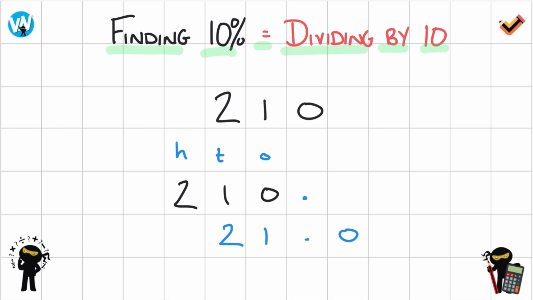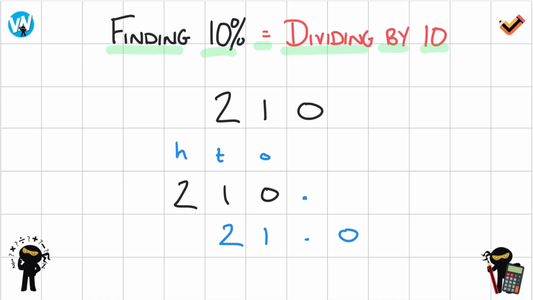So 21 is 10%. If we can find 10%, it's very, very easy to find lots and lots of other percentages. And a lot of this is arithmetic done in our head. Now, if you need to write these sort of things down to start with, that's fine. But ideally, when we're finding percentages, we haven't got a huge amount of time and we need to work through this a little bit quicker.